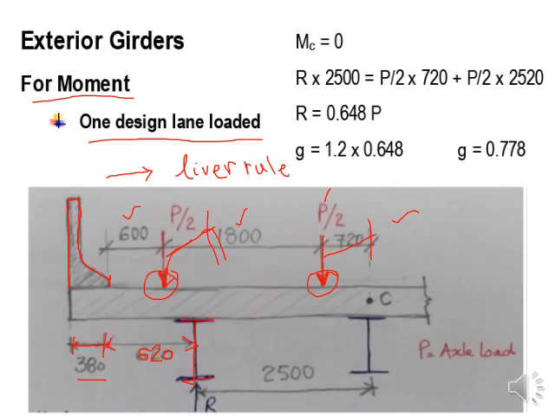Okay, so 380 millimeters is what is given, and 620 we have calculated as 40% of the internal spacing, and this 2500 is the internal spacing.